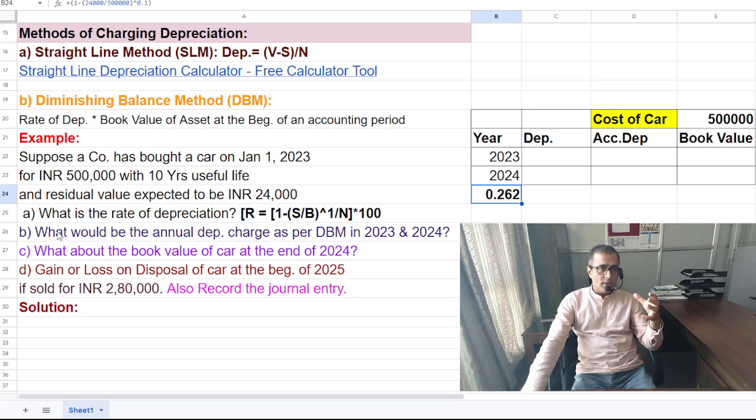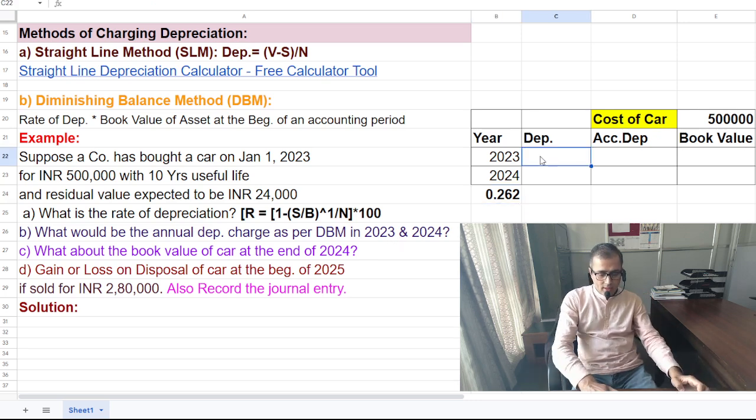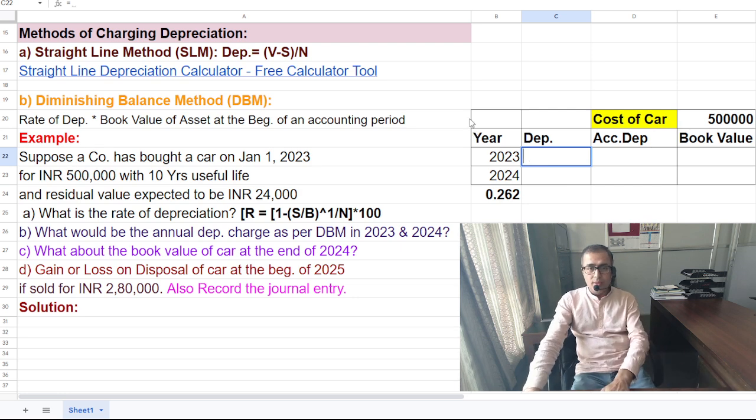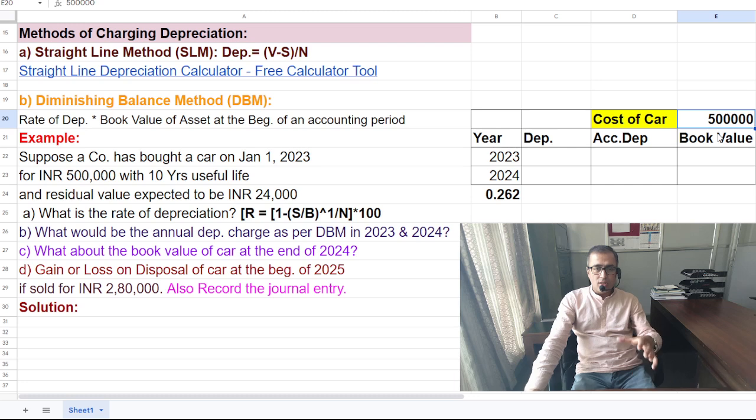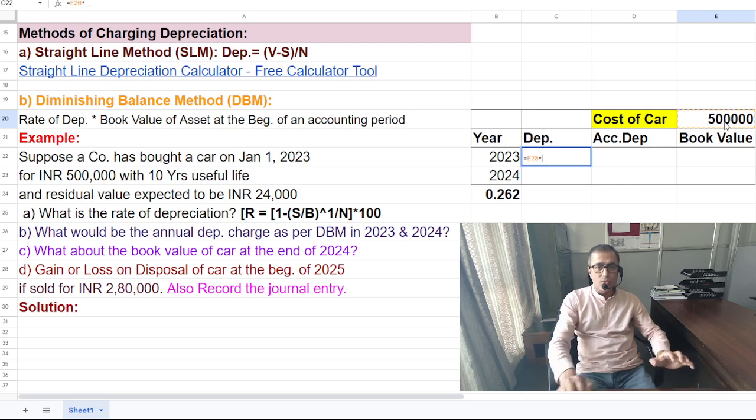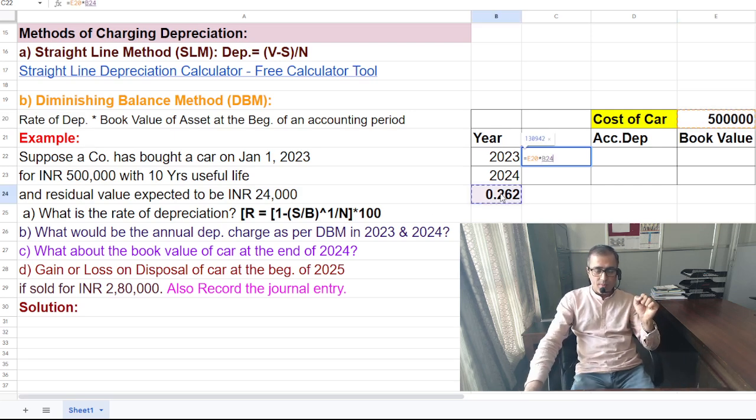Now what about your annual depreciation charges as per the diminishing balance method for 2023 and 2024? Remember, while finding your depreciation, the value of the car is 5 lakh as per the given question. So when you calculate the annual depreciation for the first year, you purchased the car on January 1st, 2023, so simply your value of the car is 5 lakh, multiplied by the rate we have just calculated.